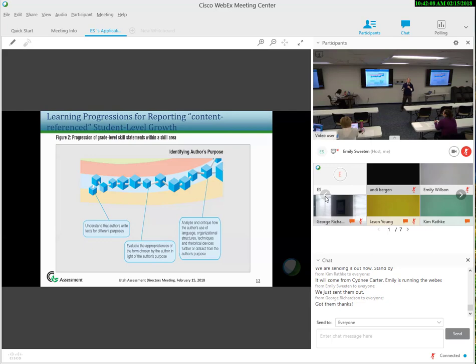So one of the things, and we were just talking about the KEEP assessment, if your goal is to report information that can help parents understand where kids are at and what they might need to do next, this is truly the holy grail of growth modeling: this notion of content-referenced growth.